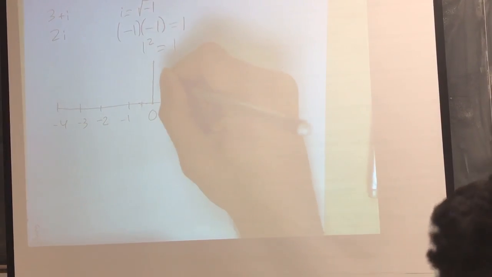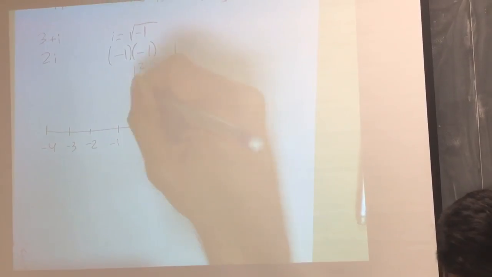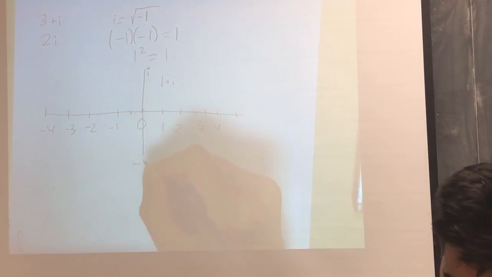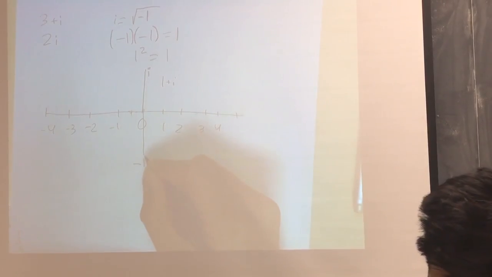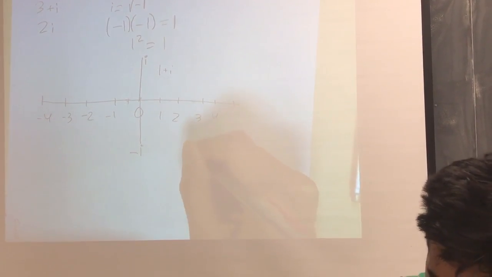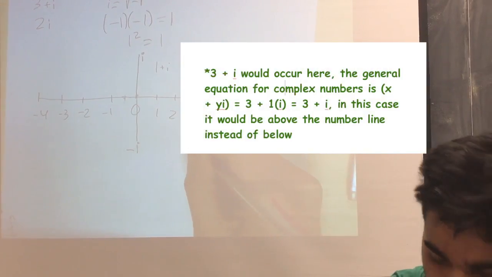You'd have 1 plus i here. Here's i. Here is negative i. And let's say you had 3 plus i. Well, that's 3 minus i.